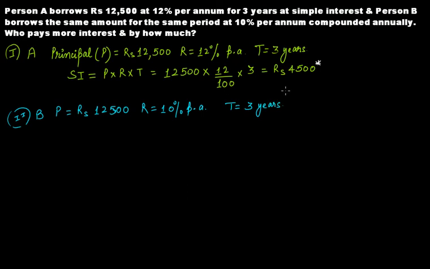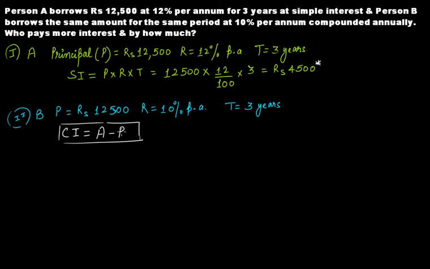Now we know that the compound interest is equal to the final amount over the 3 years, that is A, minus the principal. So using this formula you can calculate the compound interest.